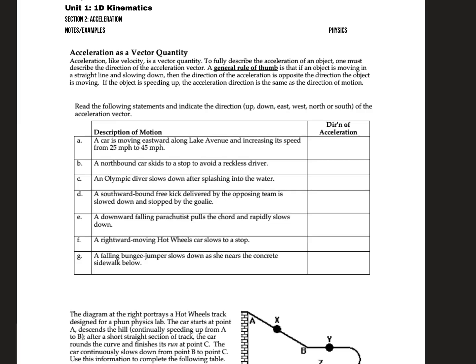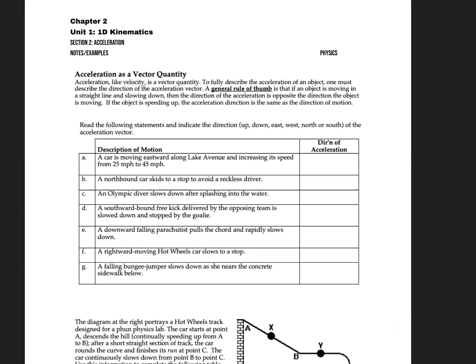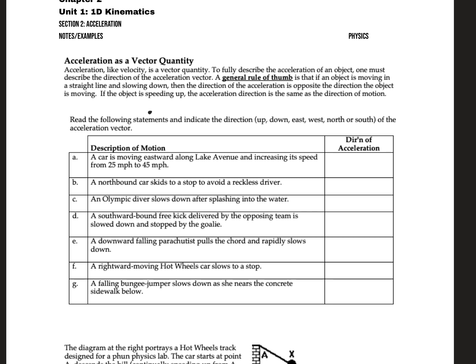All right, on this section right here, we're going to try to figure out which direction the acceleration is going. We have a general rule of thumb up here, so let's go through that. If the velocity is positive and the acceleration is positive, that means I speed up in the positive direction.